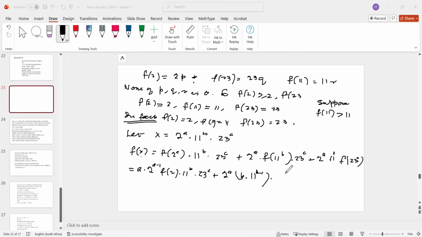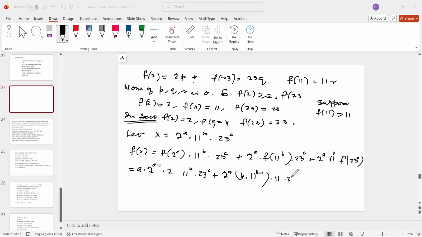Now, f of 2, I'm not going to put f of 2 there, I'm going to put 2 here. I know that f of 2 is equal to 2. So in place of this, I'm going to put 2 here. And I should have had an f of 11 here, but I'm going to put 11 there.